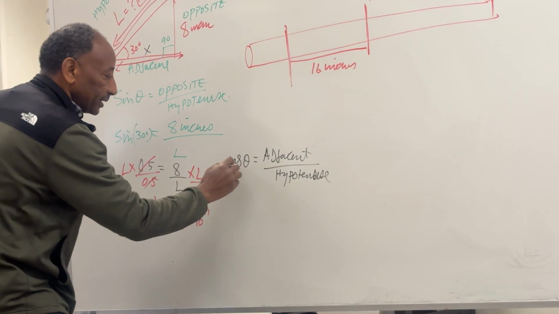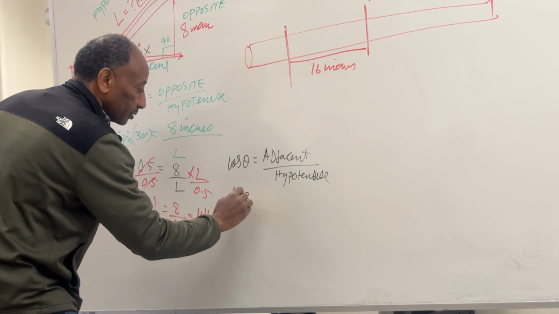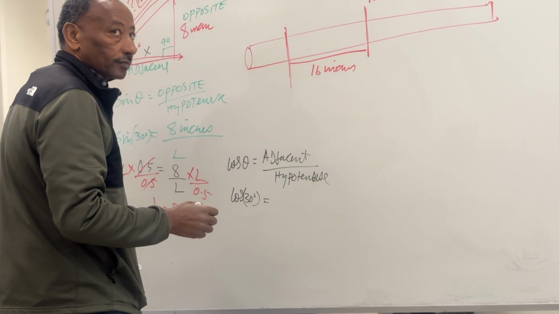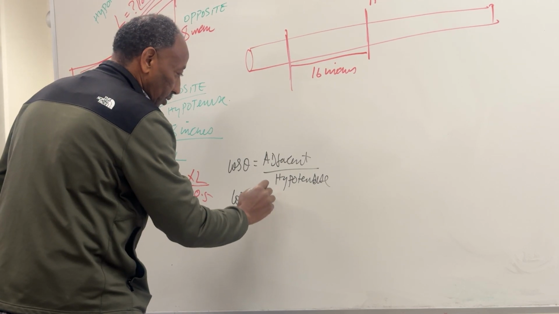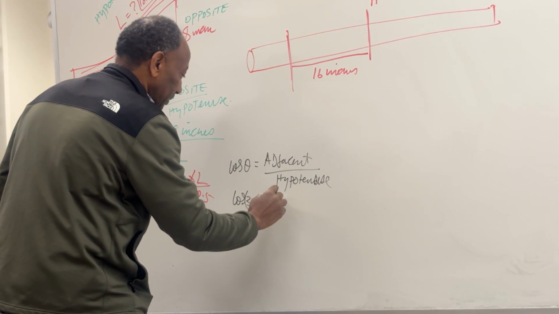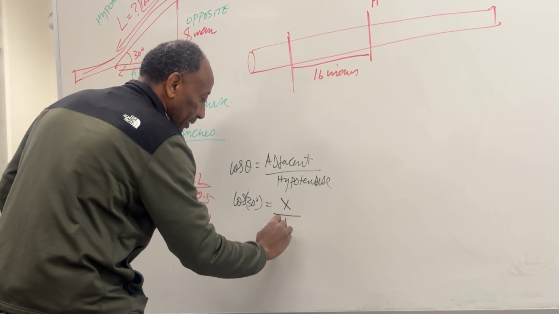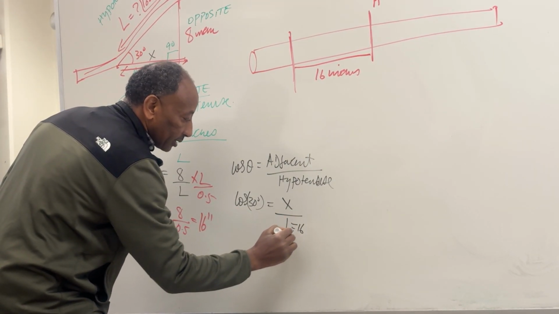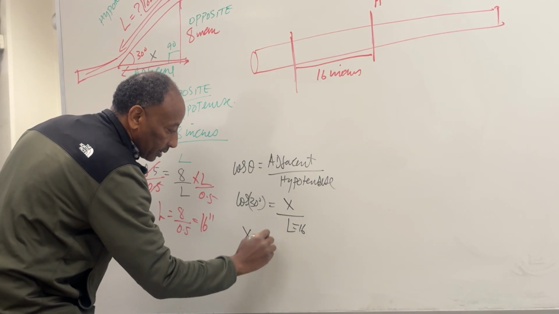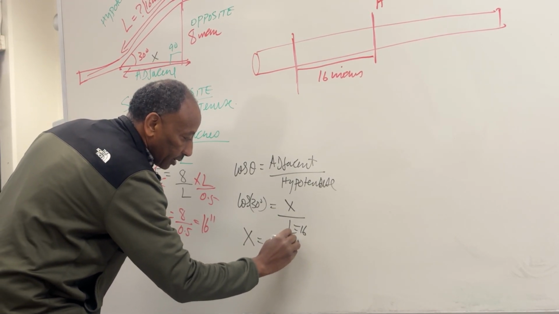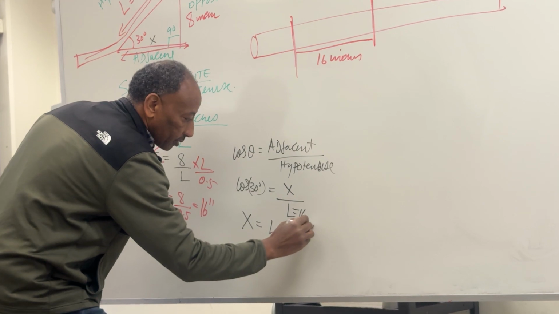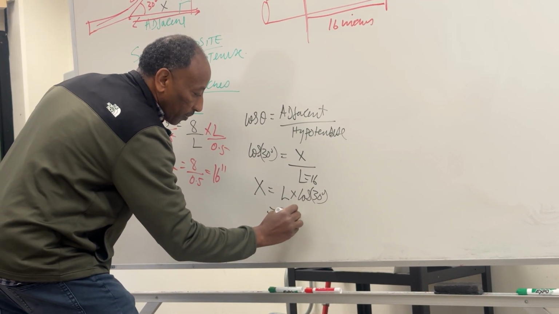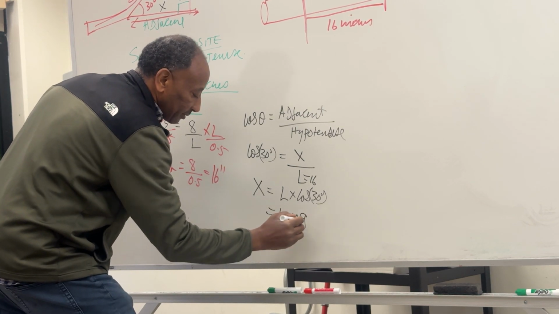Okay, so cosine 30 is equal to 0.866. So X, let's call that X, is L. L is already 16. So X is going to be equal to L times cosine 30 degrees. So that's going to give me 16 times 0.866.